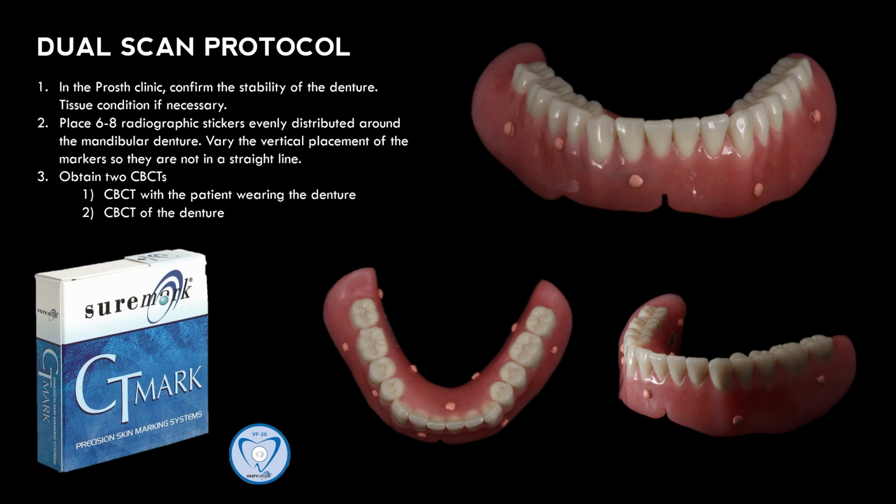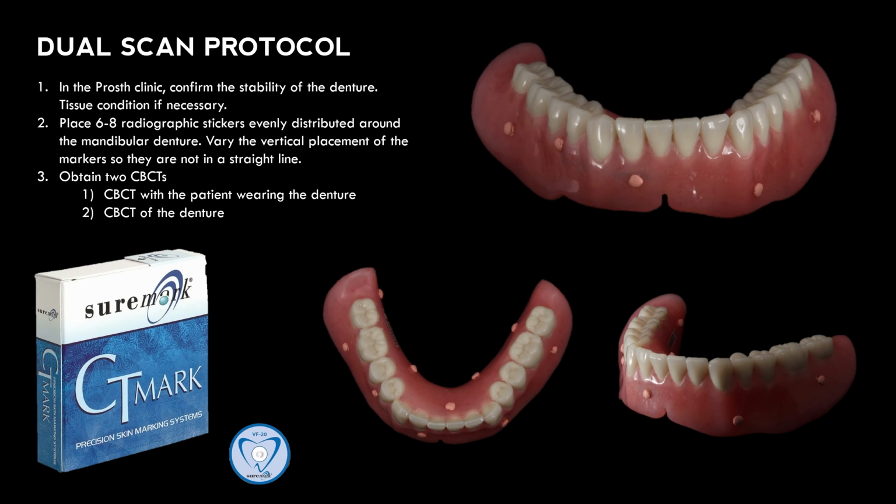And before you do those scans, you want to put these radio opaque stickers pretty evenly distributed on the denture. And you want to vary the vertical placement of them so that they're not all in a straight line. And what this does is it has common data points that we can then merge in the 2 scans. So the first scan will be with the patient wearing this denture with the markers in place.